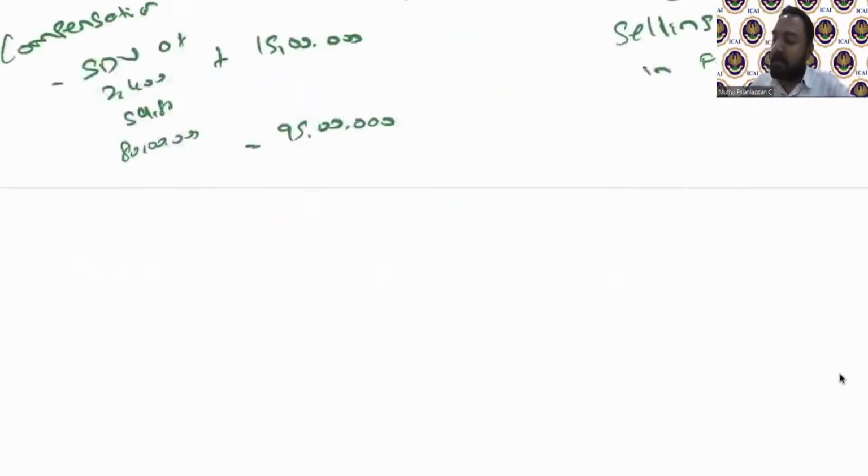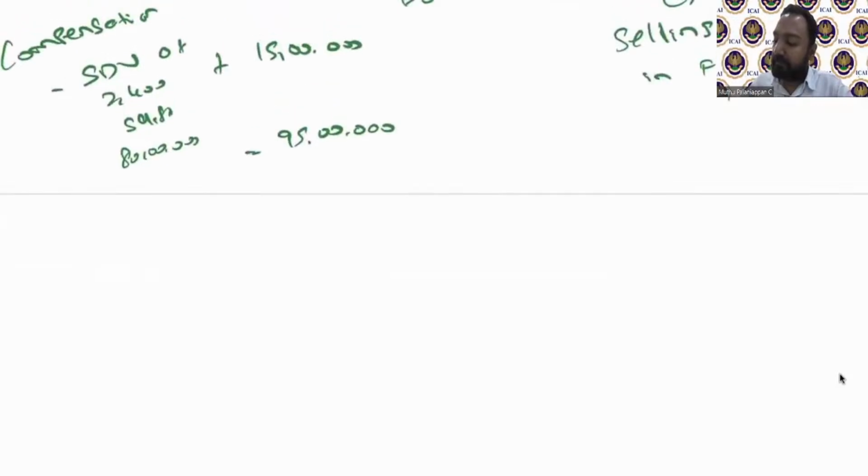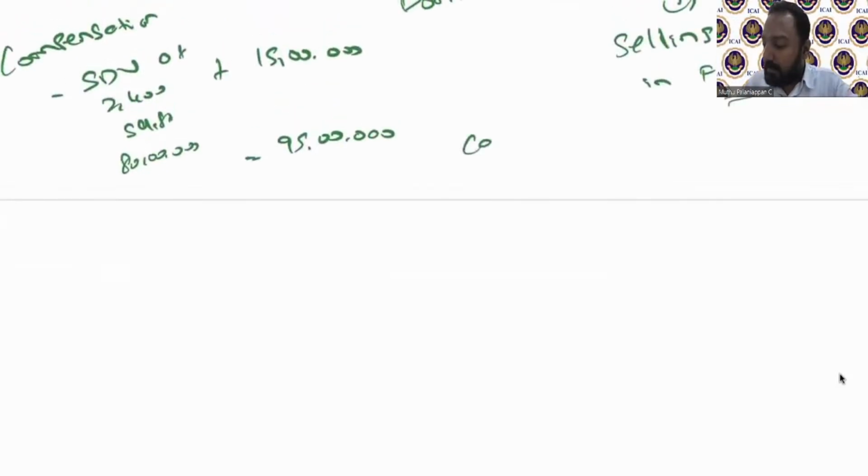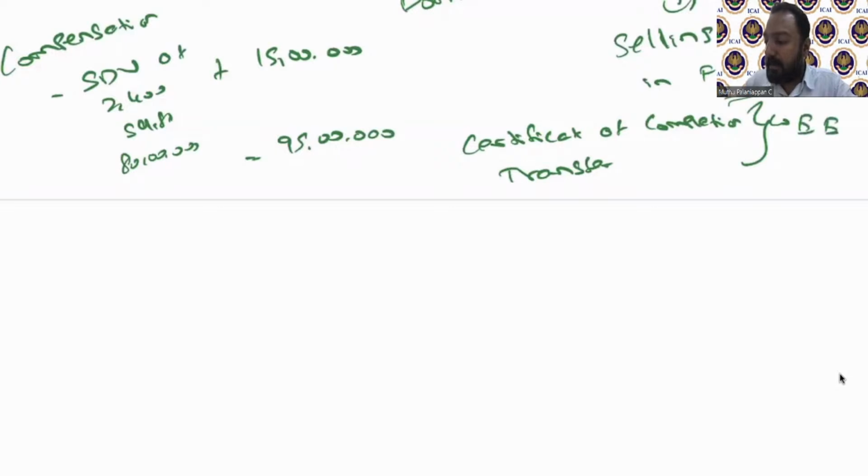So if you have to remember, you can remember it as certificate of completion, transfer, whichever is earlier. So whichever is earlier will be the date in which you'll have to recognize the capital gain.